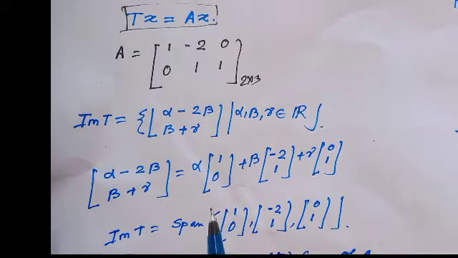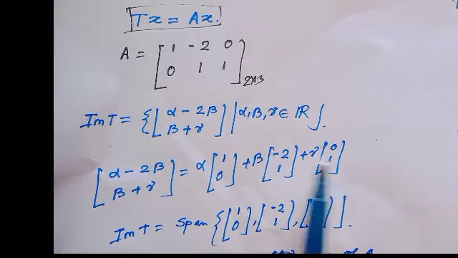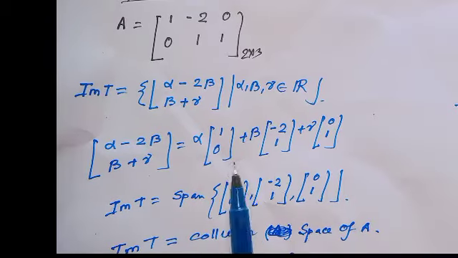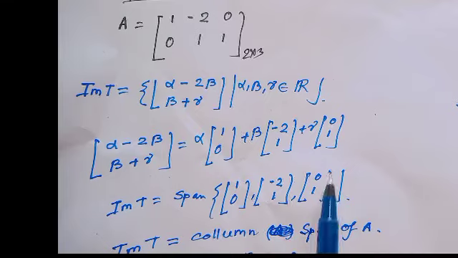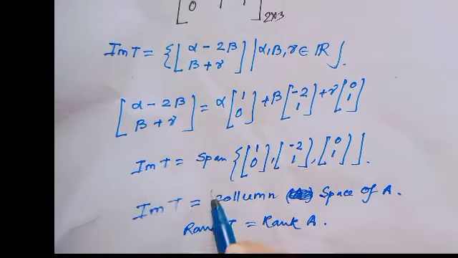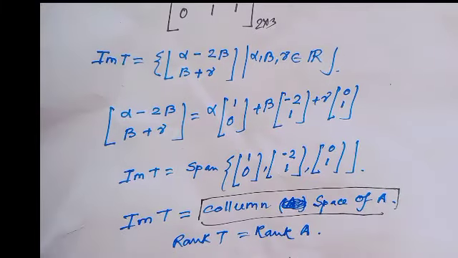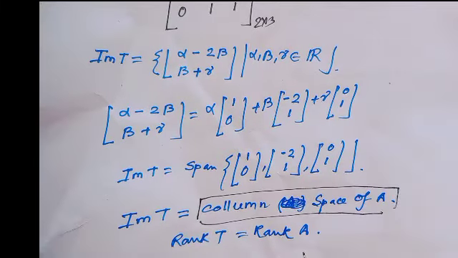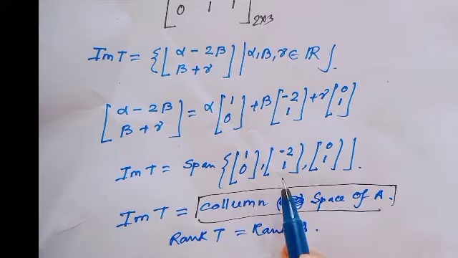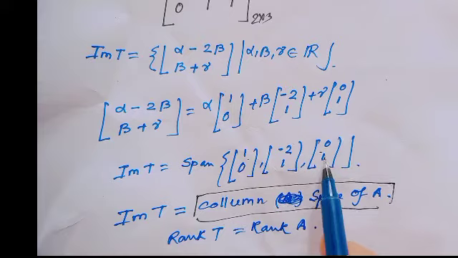That means since this vector is a combination of these three vectors, image T is actually the span of (1, 0, -2, 1, 0, 1). And since image T is the column space of the matrix A, and the rank of the transformation is equal to the rank of the matrix A, notice this vector is a linear combination of these two vectors.